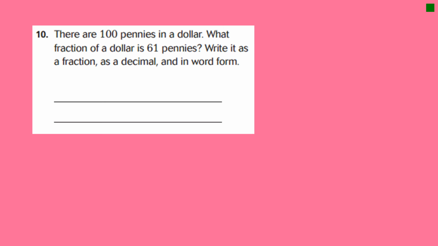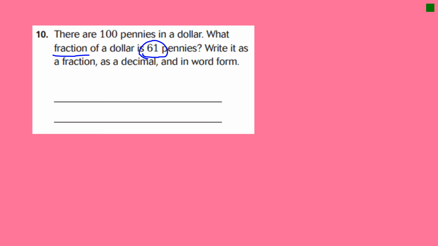It's at the bottom of the page. There are 100 pennies in $1. What? I just said that. It's like they read my mind. What fraction of $1 is 61 pennies? Write it as a fraction, as a decimal, and in word form. Okay, well, if there are 100 pennies in $1, and they want to know what fraction of $1 is 61 pennies?